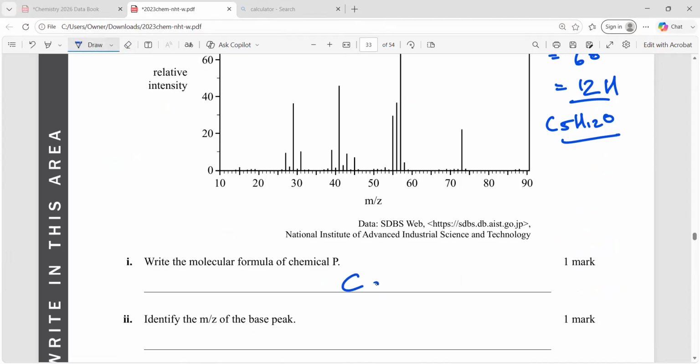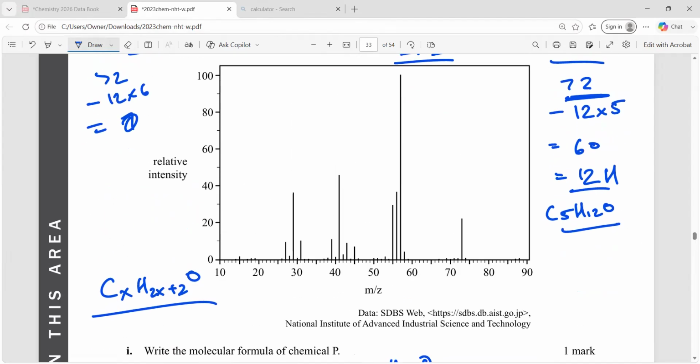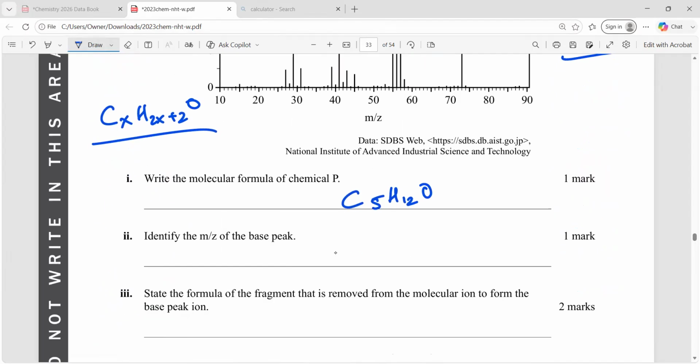I also understand that you can do something like CxH2x+2O. However, we don't know whether there's a double bond in the carbons. The base peak here would be 57.